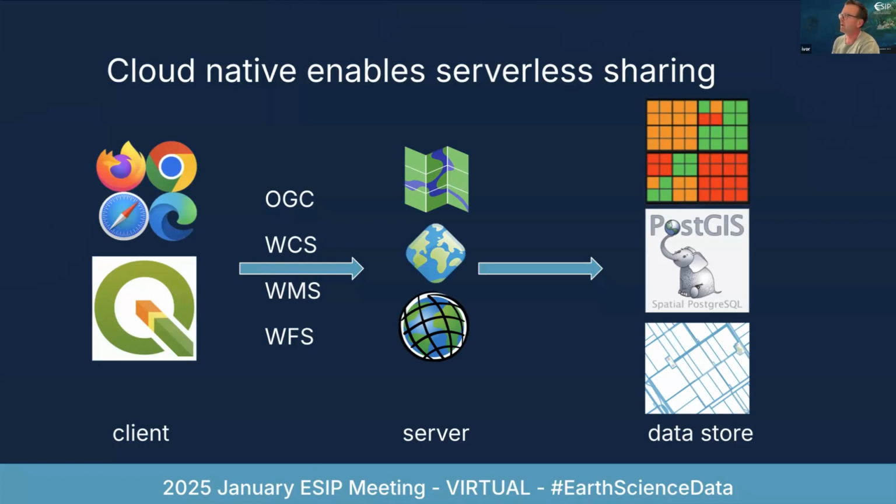Previously, if I would share raster data or vector data, I would do that with an infrastructure where you would have some software component like MapServer or GeoServer or an Esri server that transforms your data from the original data store to something that a client is capable of consuming, like a web browser or QGIS or something else.